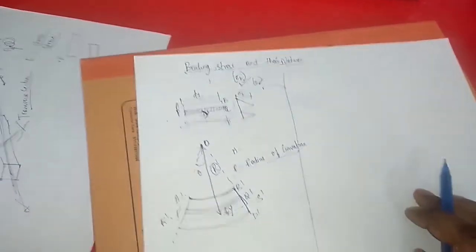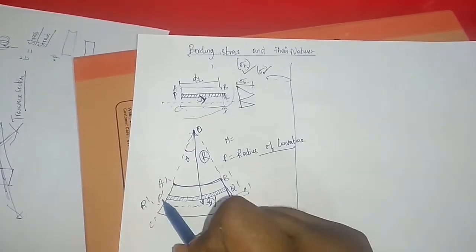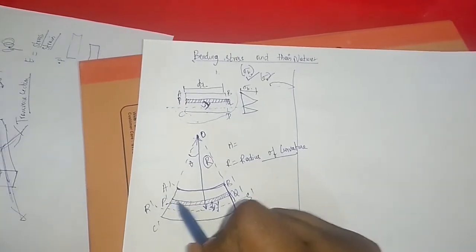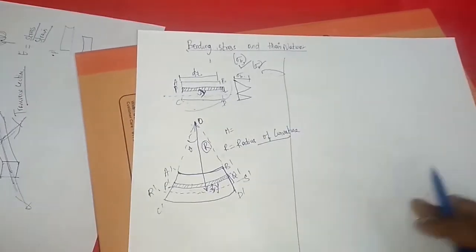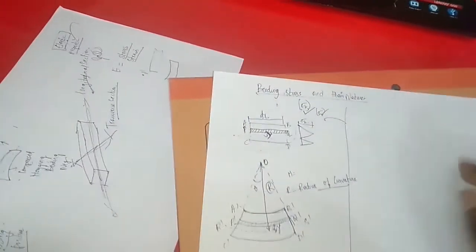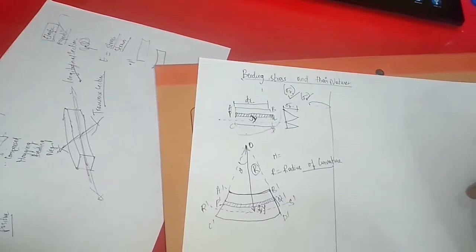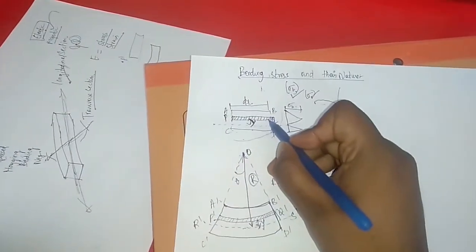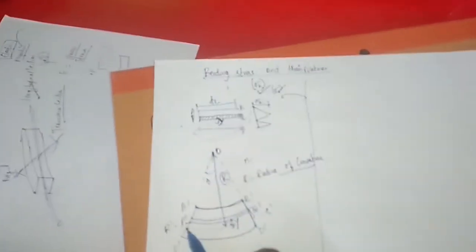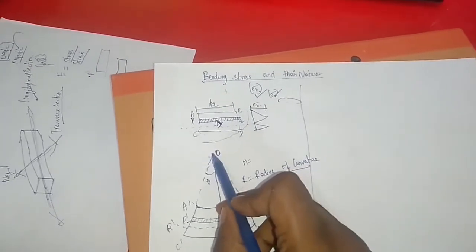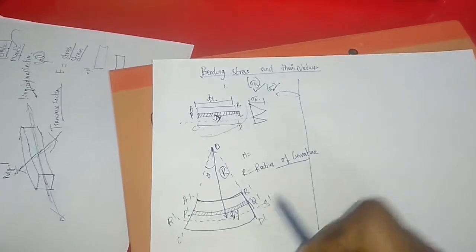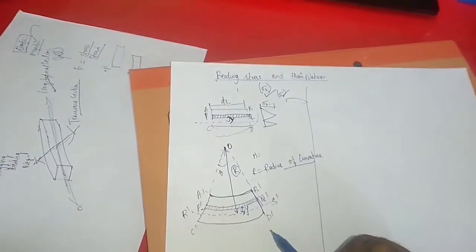Now we are going to calculate the bending stress in the particular strip P' Q' at a distance of y from the neutral axis. Let this layer PQ be compressed to P' Q', as you see in this diagram, about the point O of an arc of a circle that is bending.